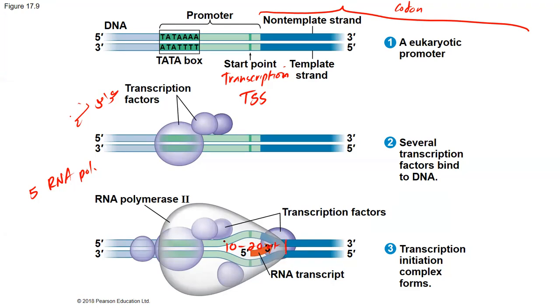So this region from here to here will be between 10 to 20 nucleotides long. As the polymerase moves downstream, the two strands in this region will base pair with each other again.